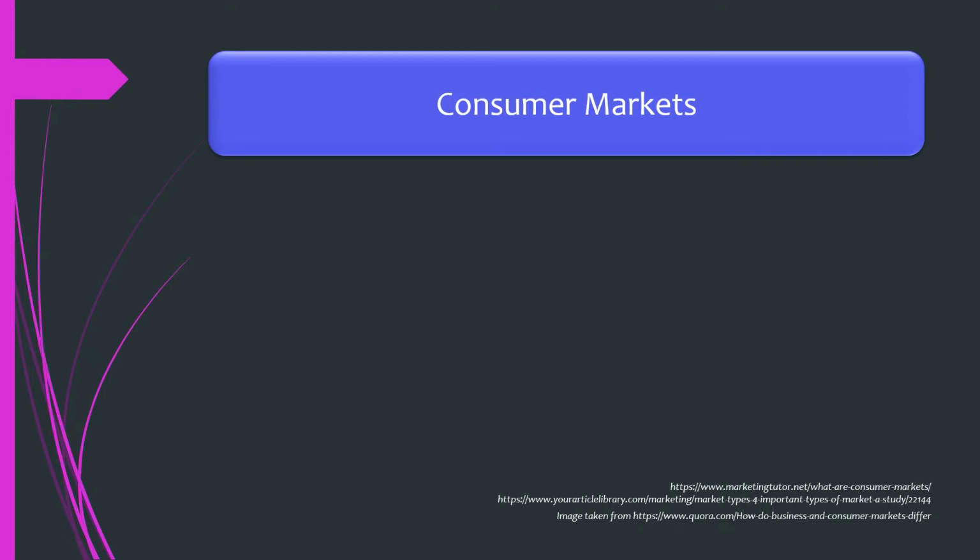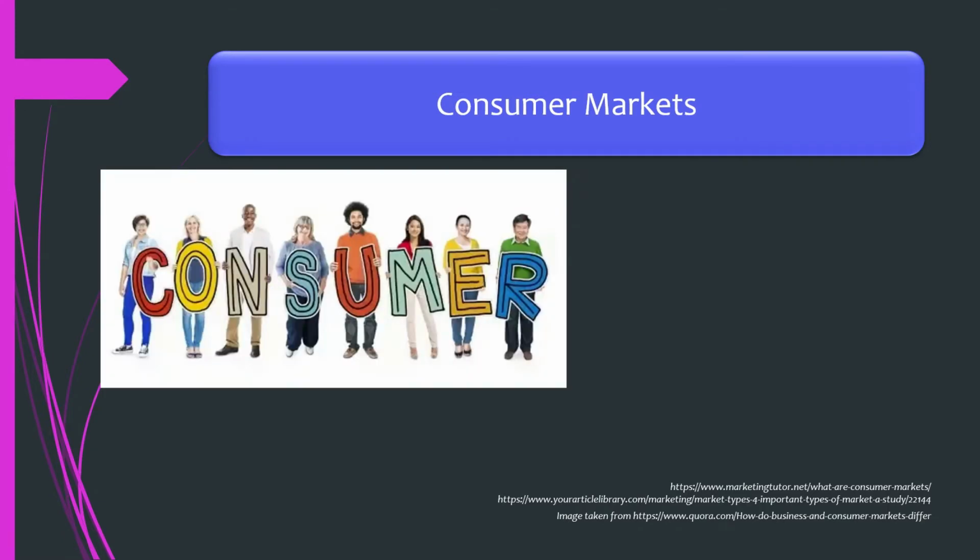The first one is consumer markets. Look at this picture. It's clear that they are holding letters that combine to become the word consumer. In our opinion, a consumer is someone who buys something to fulfill what they want and need, right? So the meaning is not far different from what we are going to talk about.